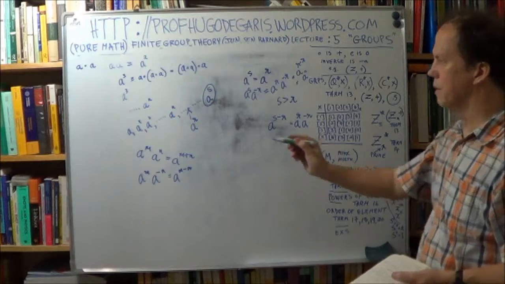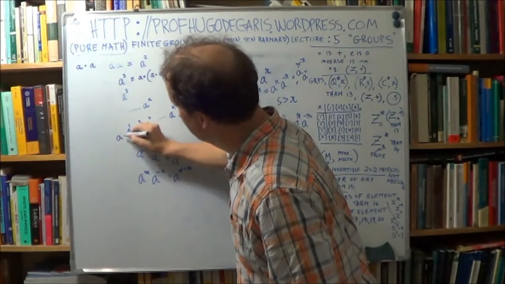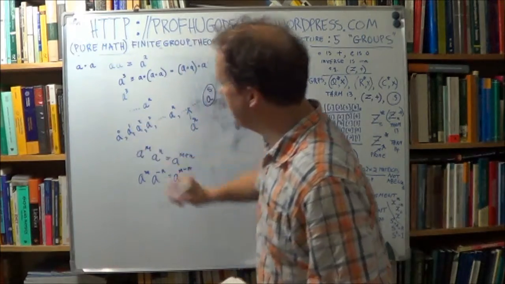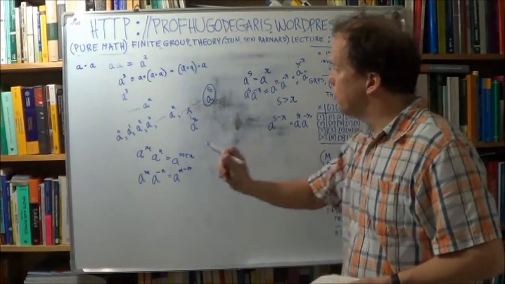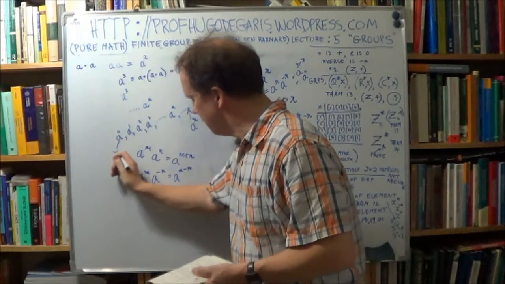Now A to the naught is new. You define that to be E, your unit.